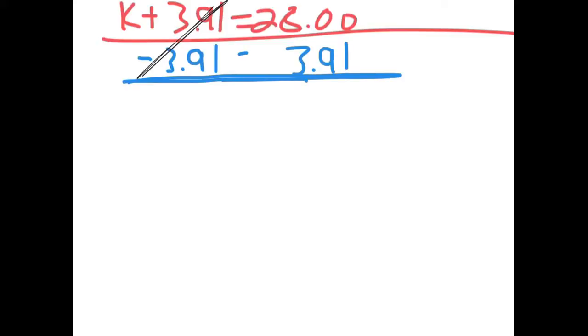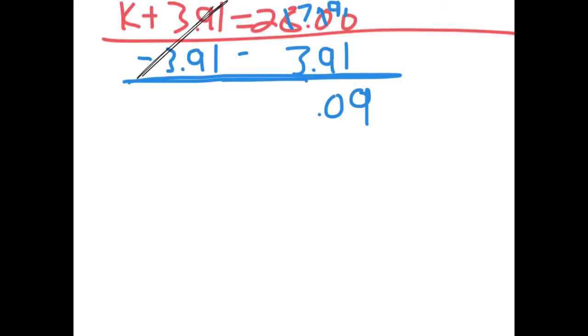Now, you will have to borrow. So that will become a 7. This will become a 10, but now it will become a 9, since you have to borrow over here. So 10 minus 1 equals 9. 9 minus 9 is 0.